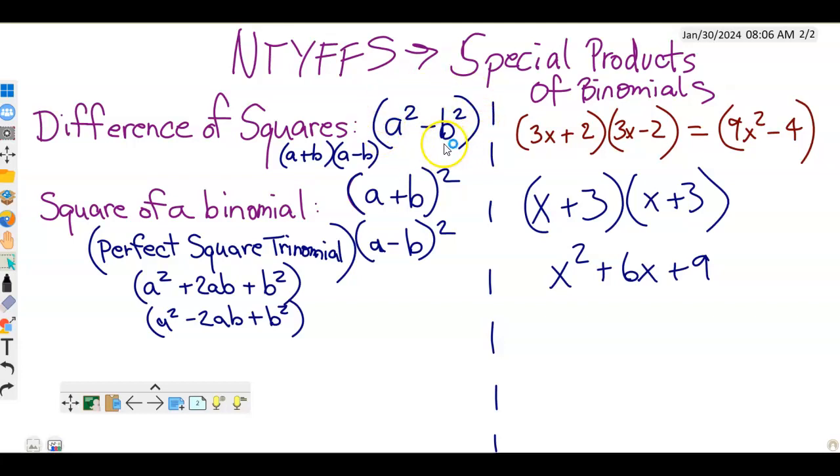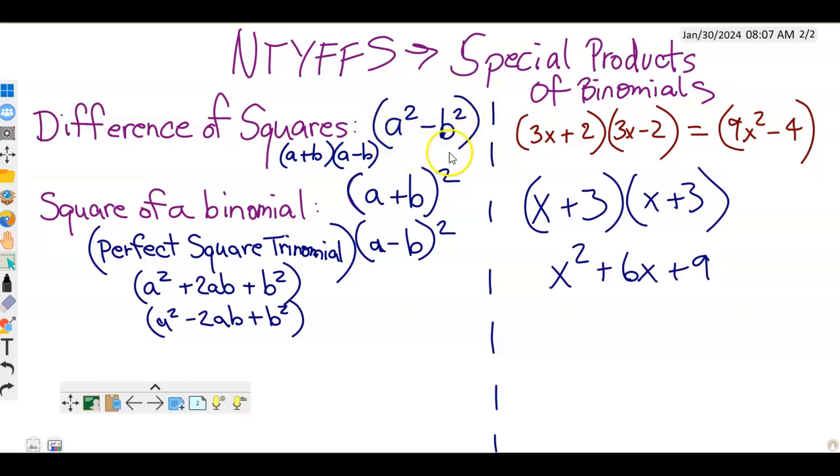This happens to factor, it happens to be made up of two binomials that look like this. A term A plus a term B times a term A minus a term B. So when you see these two binomials, if you can learn that this is a difference of squares, you automatically know what the product is going to look like, a squared minus b squared.